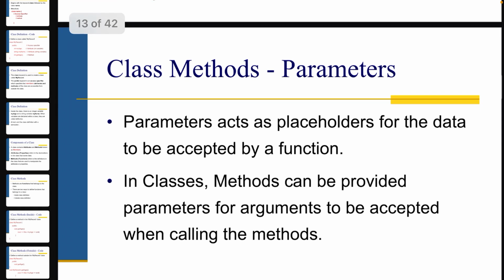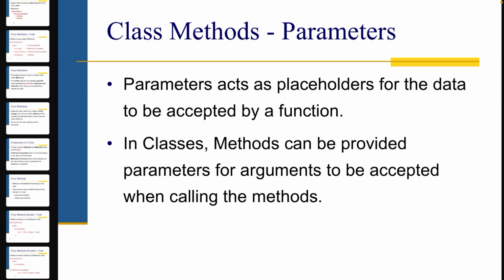For class methods, we are talking about parameters. Parameters act as placeholders for the data to be accepted by a function. In classes, methods can be provided parameters for arguments to be accepted when calling the methods.